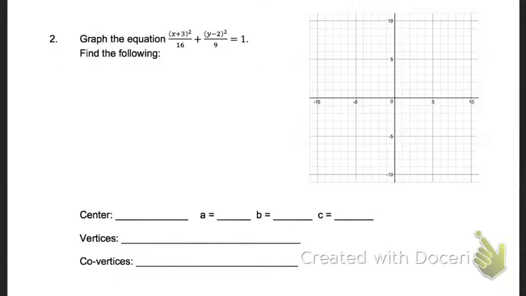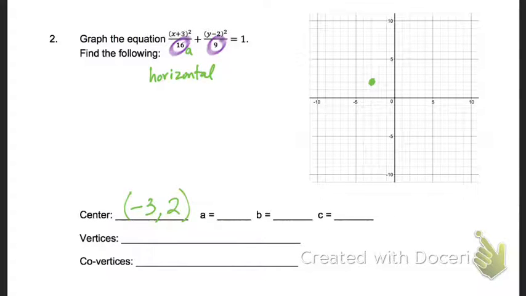Okay, this one is already in vertex form, so we don't have to do much to it. Where would my center be? (-3, 2). So I'm going to plot that point here. Now, I've got 16 and 9. Which one is bigger? So that means it's a horizontal.